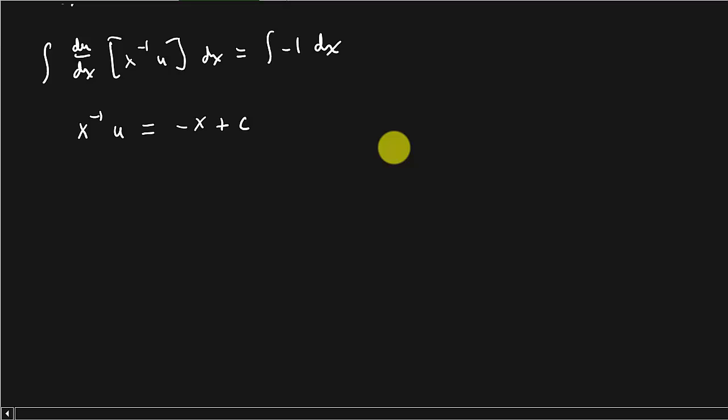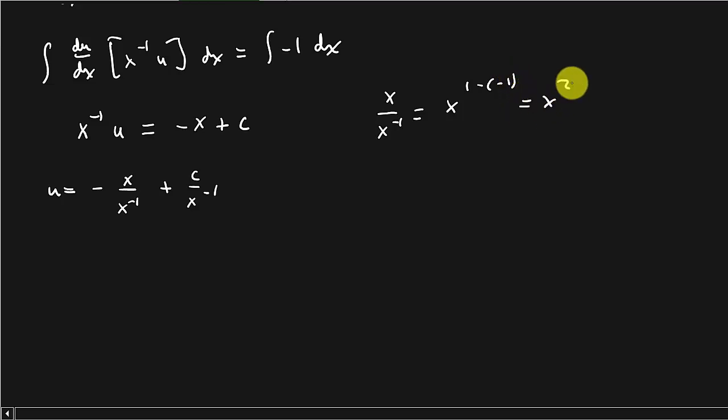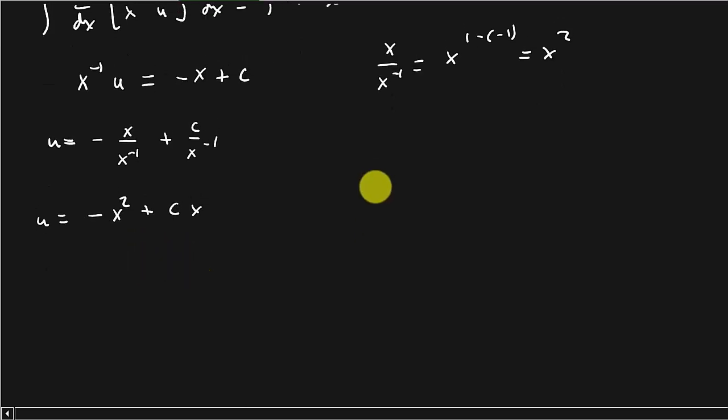And so now we get u is equal to, so for this, I'm going to divide everything by x to the negative 1. So let's just write that out. All right, so remember, x over x to the negative 1 is x to the 1 minus negative 1, which is x squared. So u equals negative x squared plus cx. But we're solving for y, right?